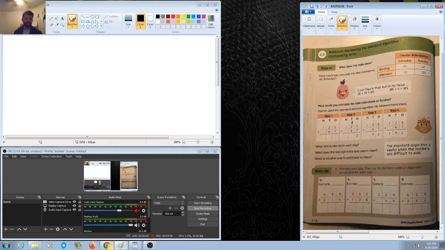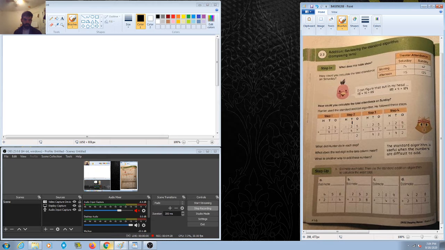So for example, 5 plus 7 is 12, and 2 is the ones value. So if you put 2 there, we have 10 groups of 1 or 10 ones left over. So that's what this 1 represents. But now that it's in the tens column, we can add it in the tens column and then add it down the column.